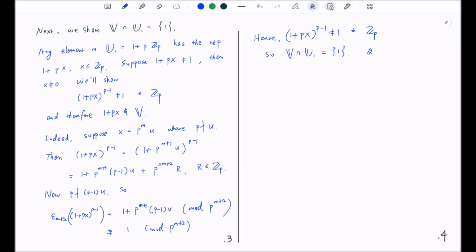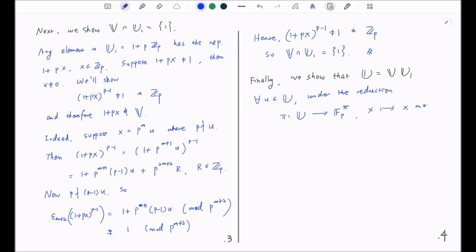Finally, we're going to show that U can be written as a product of V and U1. Indeed, for any u in U, under the reduction, which we denote by pi, from U to Fp star, x goes to x modulo p.